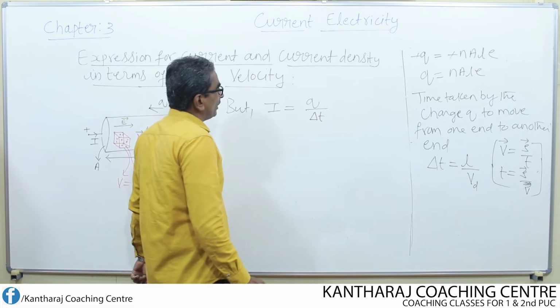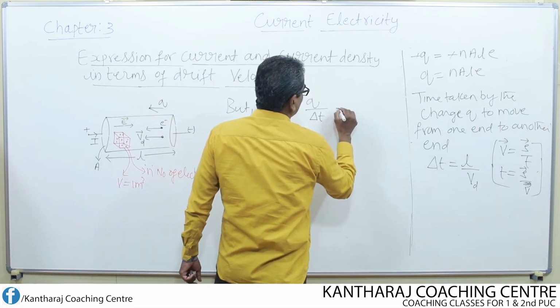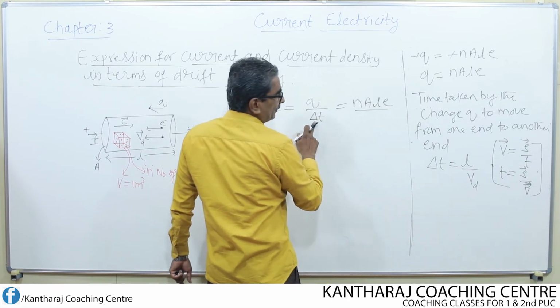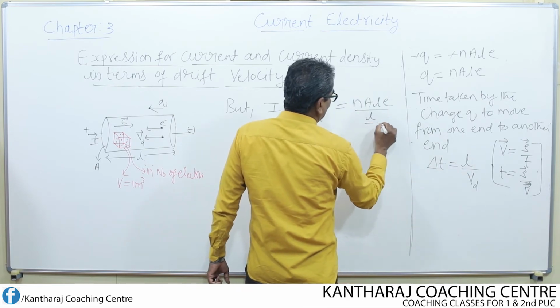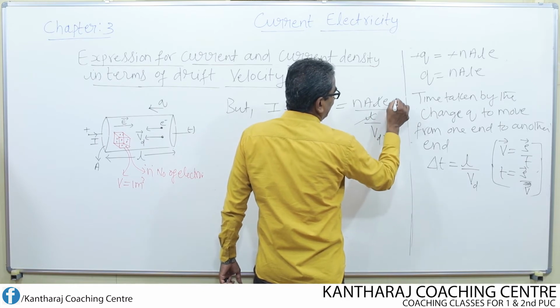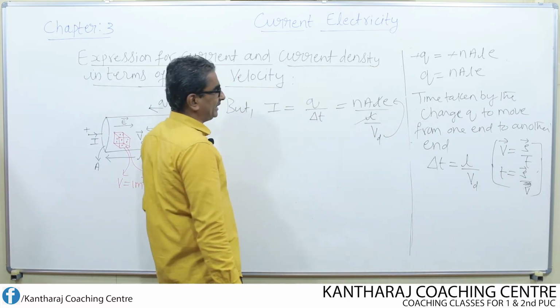Now you substitute for the charge. What is charge here? Q equal to NAL into e. And also substitute for delta t. What is delta t? L by Vd. L divided by Vd. L and L get cancelled. Vd goes to the numerator from the denominator of the denominator.